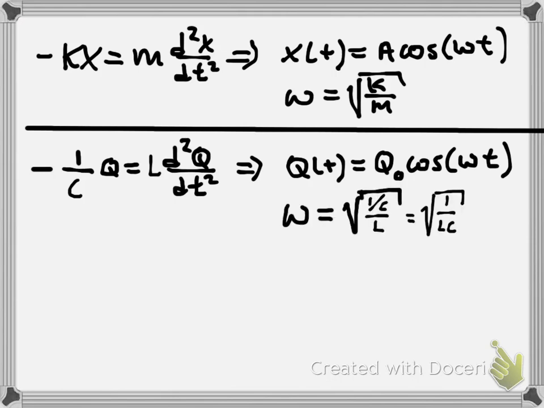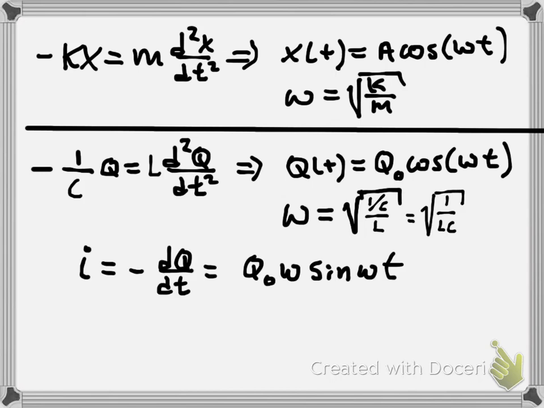And we also know that the angular frequency is going to be the square root of the number multiplying q, in this case 1 over C, divided by the number multiplying the second derivative, which is L. So we get that the angular frequency of this circuit is going to be the square root of 1 over LC.